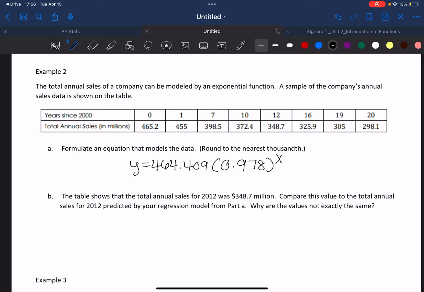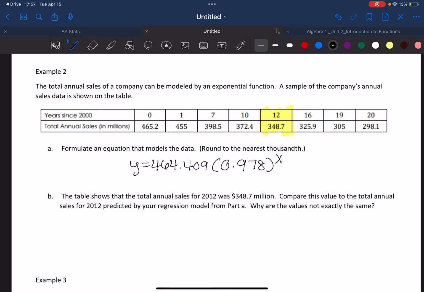It says the table shows the total annual sales from 2012 was 348.7 million. So it's talking about this one right here. Compare this value to the total annual sales for 2012 predicted by your regression model. Why are the values not exactly the same?